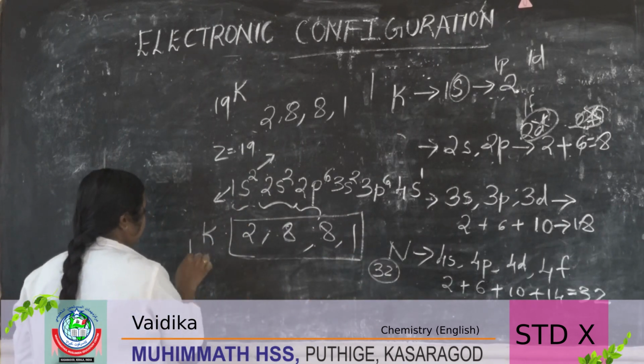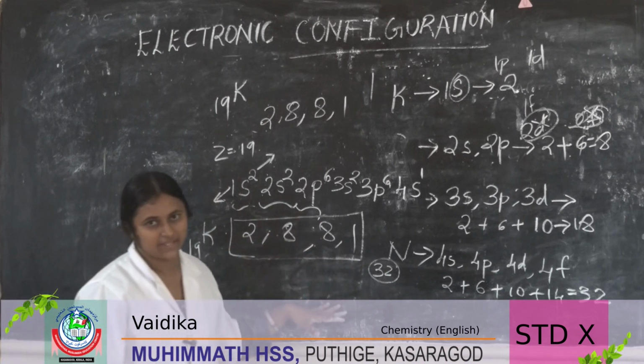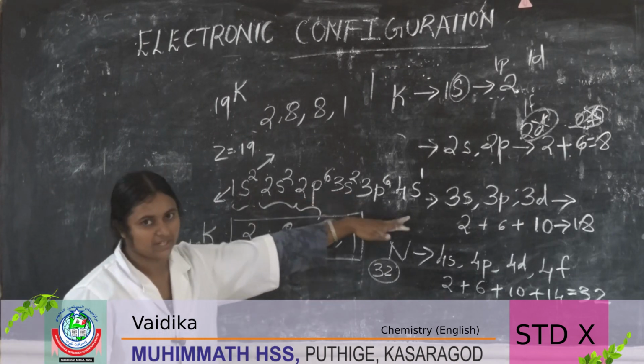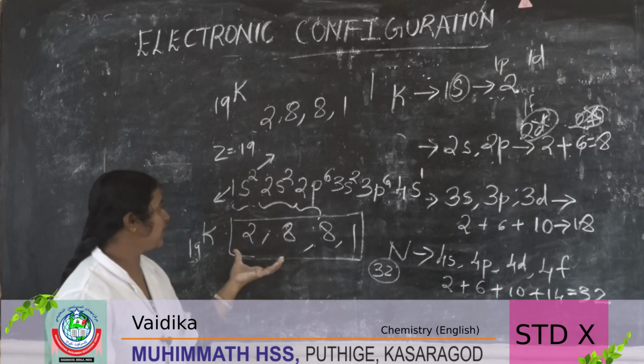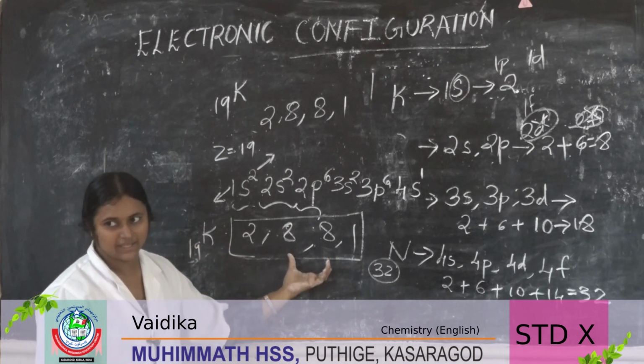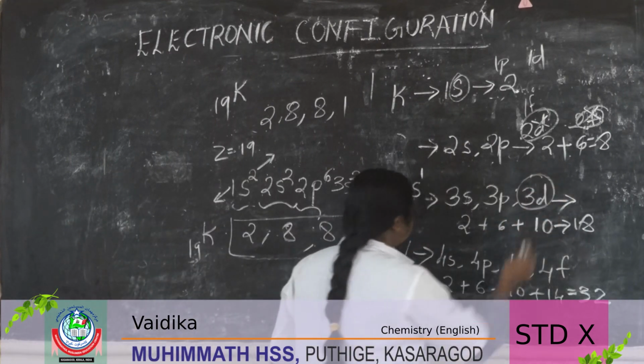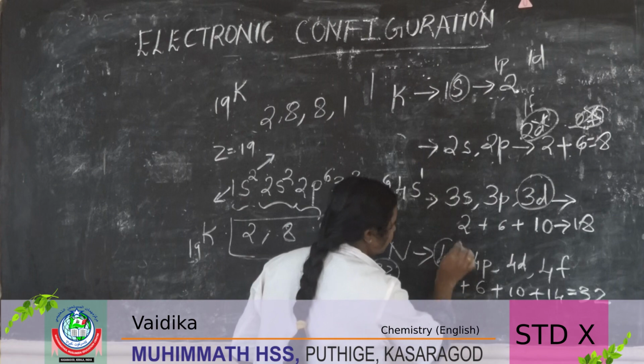Why is K19 written like this? Because subshells are there and the subshell electronic configuration is there. So we write the electronic configuration of potassium like this. Before going to 3d, the electron goes to the 4s.